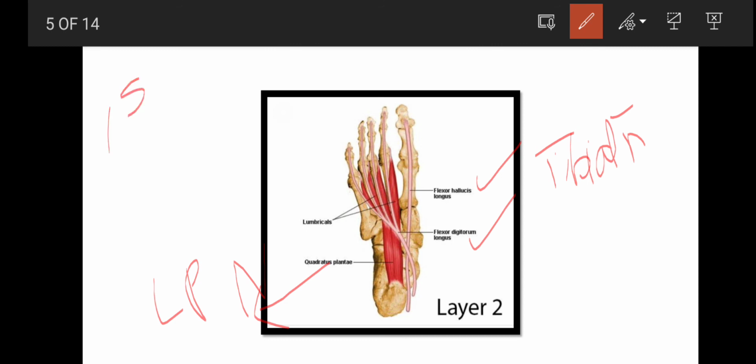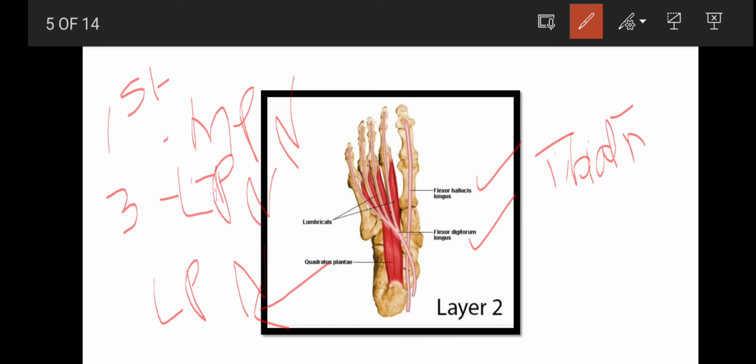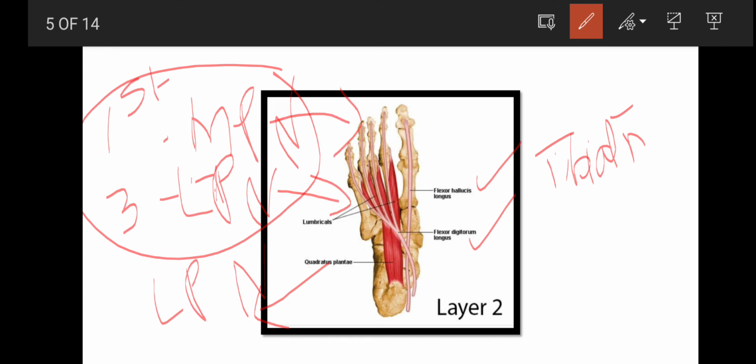First lumbrical is supplied by medial plantar nerve. The other three are supplied by the deep branch of lateral plantar nerve. You have to learn these exceptions.